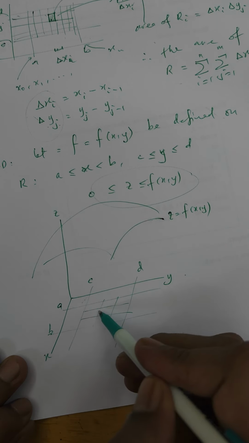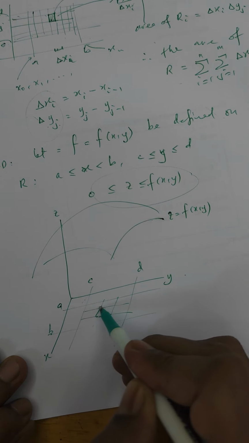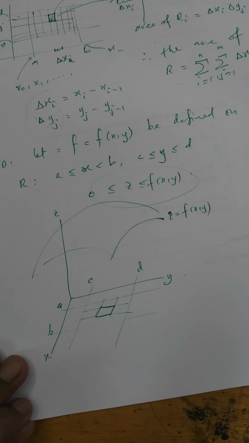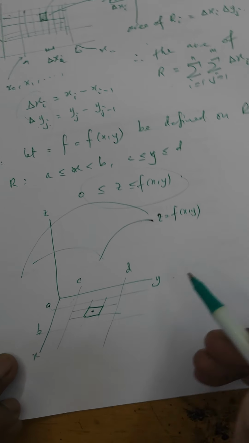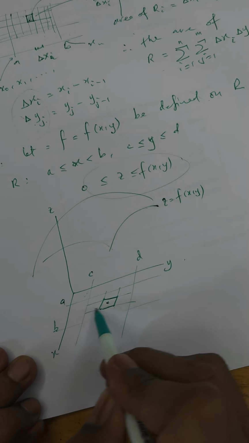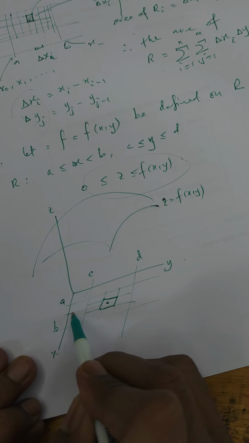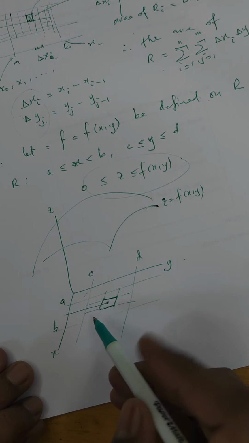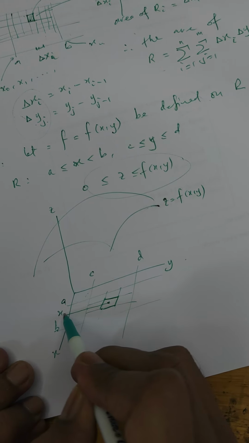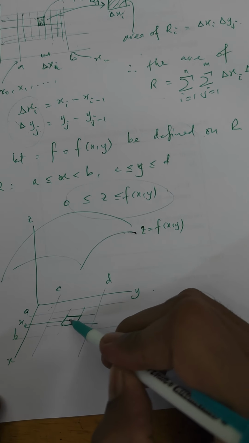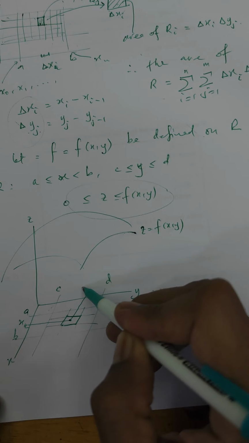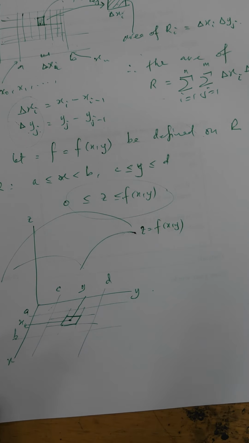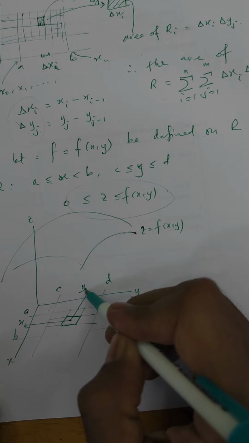If you consider one of these boxes, at some particular point, let's say I take the midpoint there. Let's say this is our xk and this is our yk.